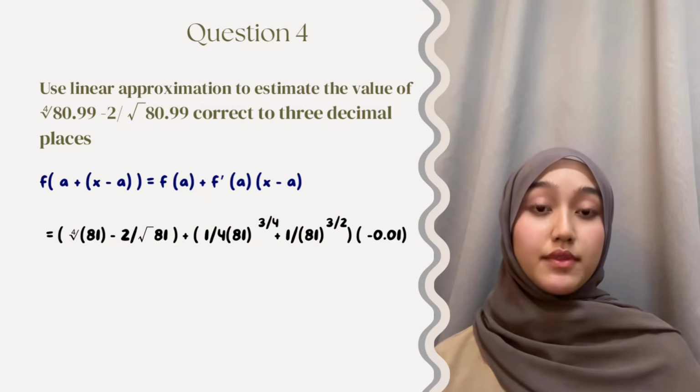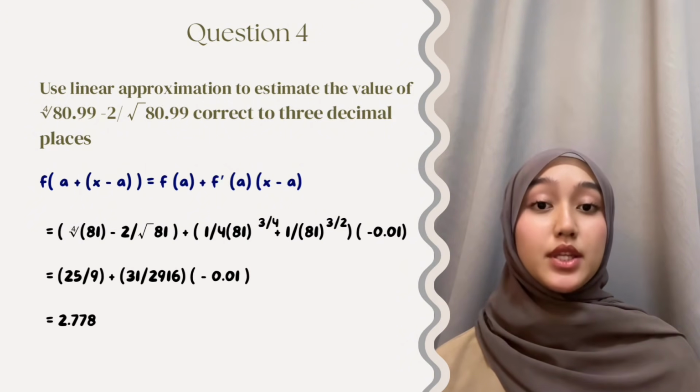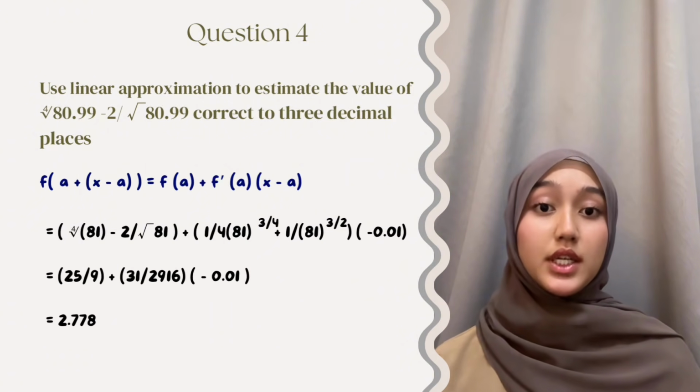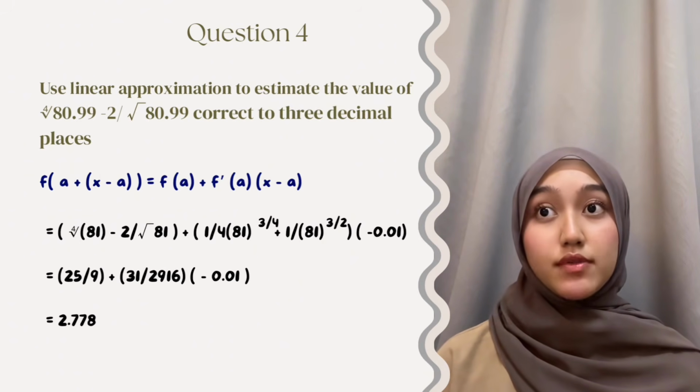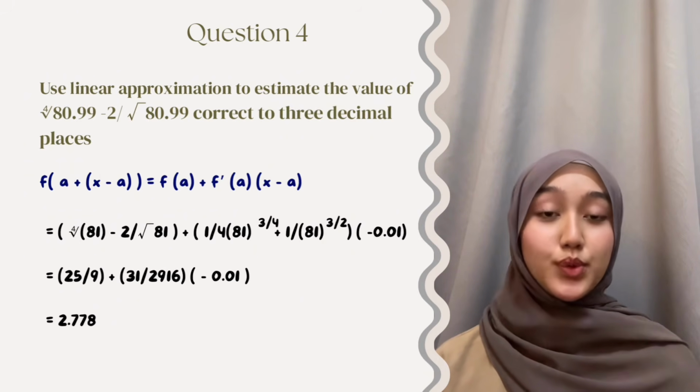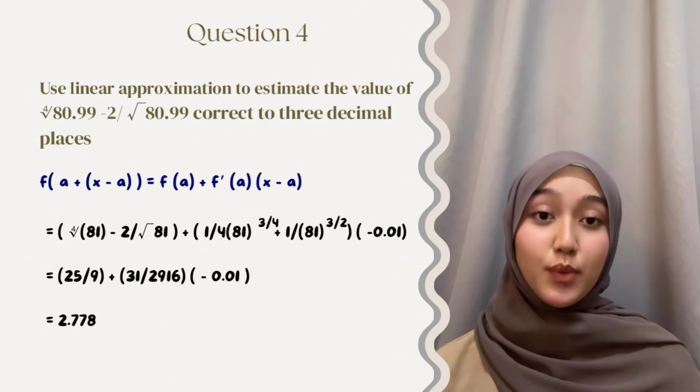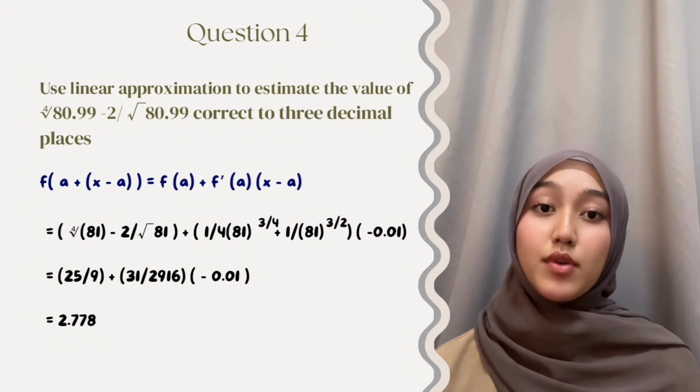And now, with all the information we got earlier, we can substitute and compute using the formula of linear approximation. For f(a), which is the fourth root of 81 minus 2 divided by the square root of 81, equals 25 over 9.